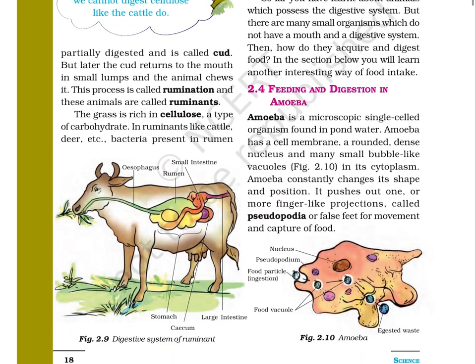Page 18. But later, the cud returns to the mouth in small lumps and the animal chews it. This process is called rumination, and these animals are called ruminants. There's a thought bubble given here.